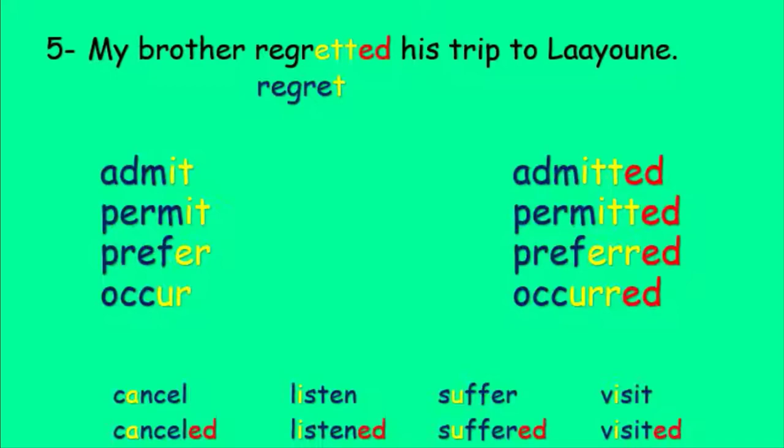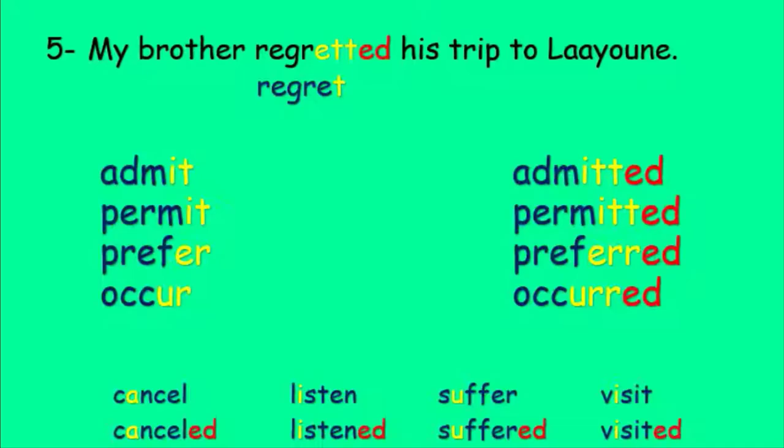Regret, admit, permit, prefer, occur. In Arabic we say the second syllable is the one that is stressed. If the second syllable is stressed, we double the consonant. So regret becomes regretted. Admit becomes admitted. Permit becomes permitted. Prefer becomes preferred.